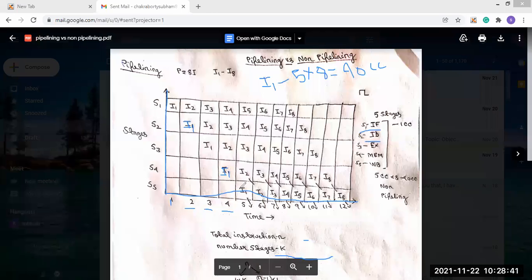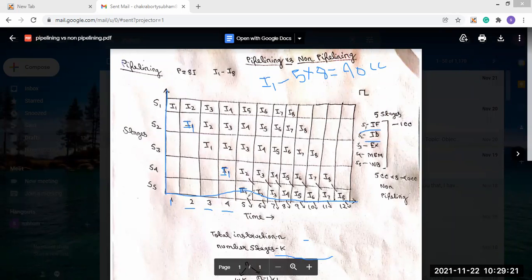I1 goes to the memory, and after that, in the fifth clock cycle, I1 does the write back. I2 is using the memory now, I3 is using the execution stage, I4 is using the instruction decode stage, and I5 is using the instruction fetch.